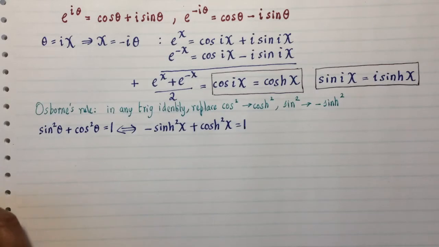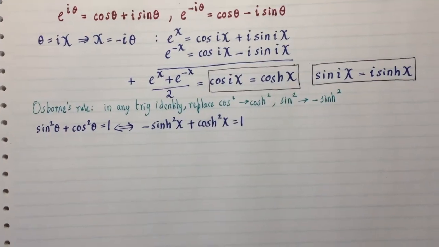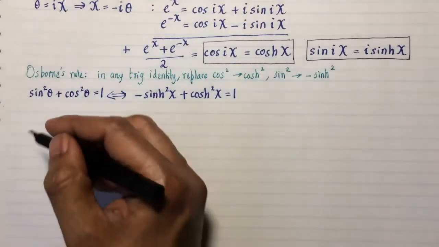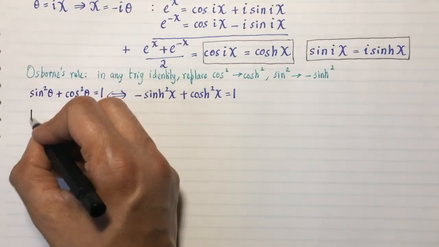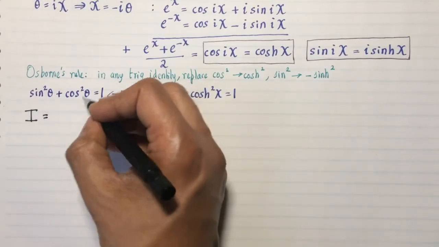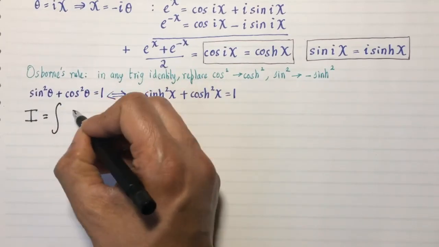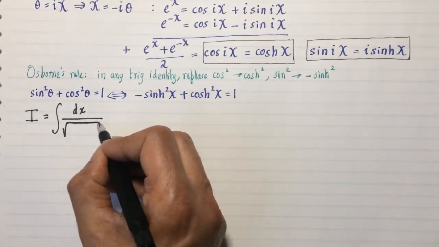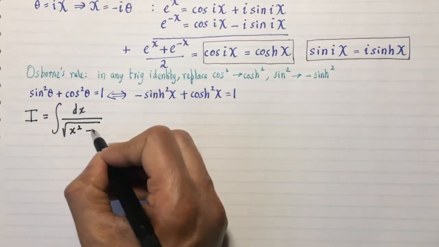The other interesting connection between the trigonometric and the hyperbolic functions occurs when you look at alternate ways of doing the same problem. So let's consider a basic example of integration. I want to integrate the following function: I equals the integral of dx over the square root of x squared minus 1.